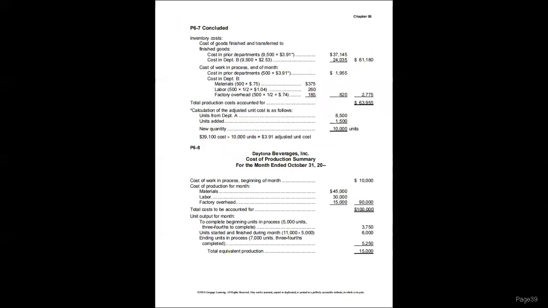So we now have 5,000 times 3/4, and we multiply it by the cost per unit. So 3, 2, and 1. So we now get the materials unit cost, and you multiply by the equivalent production. The same with labor and factory overhead.